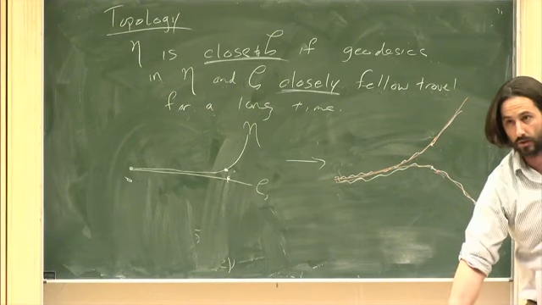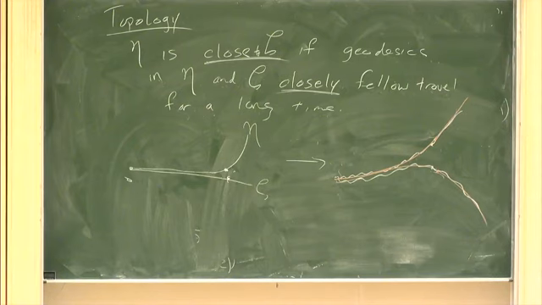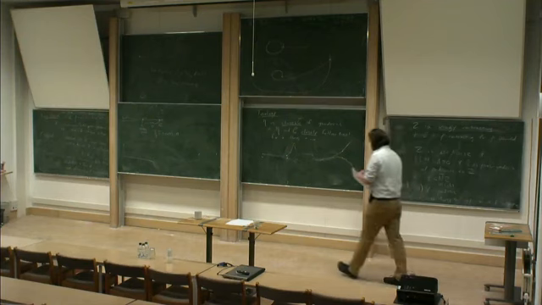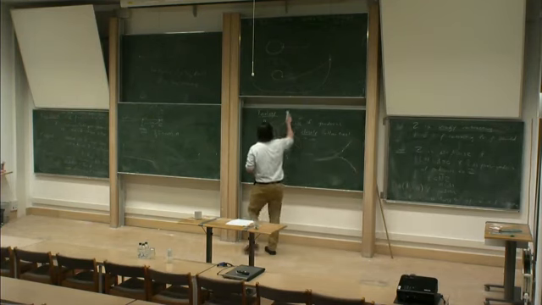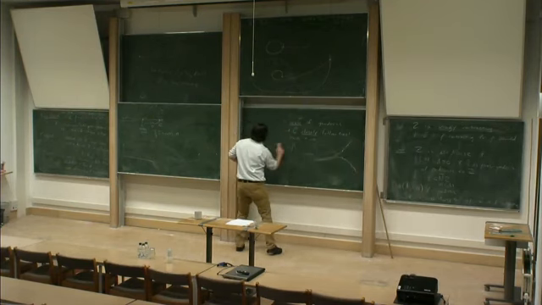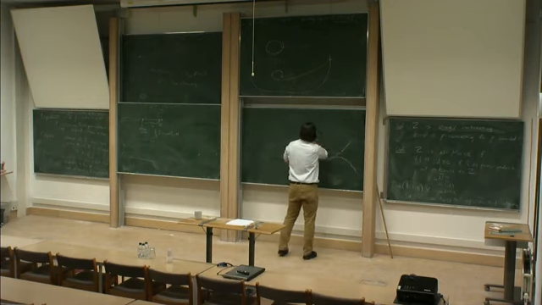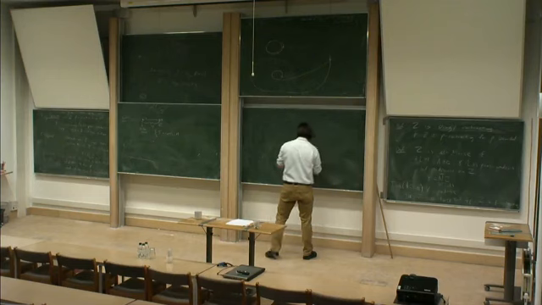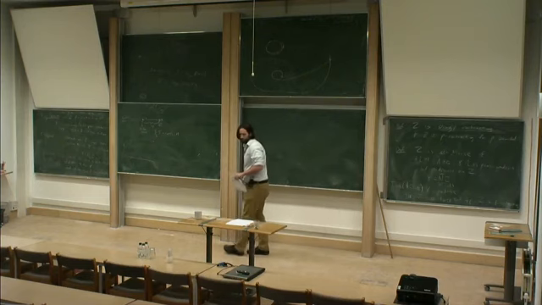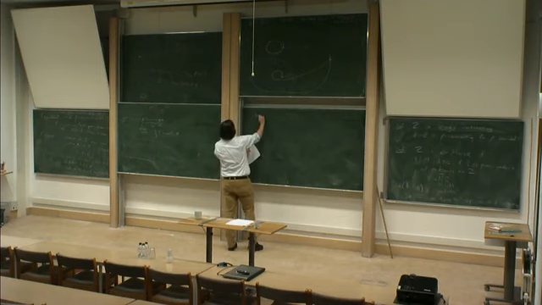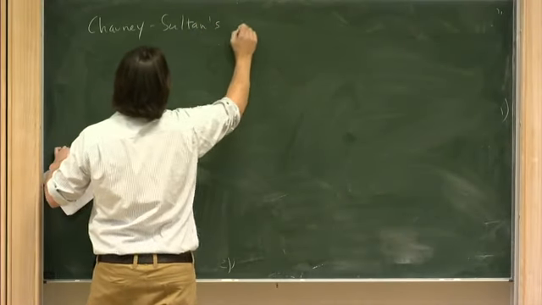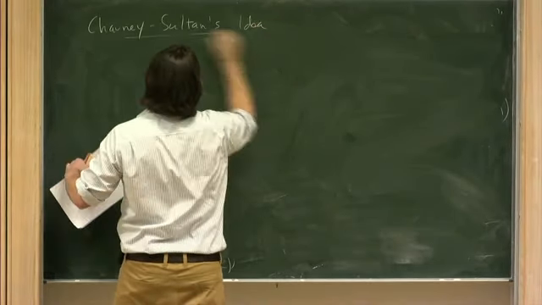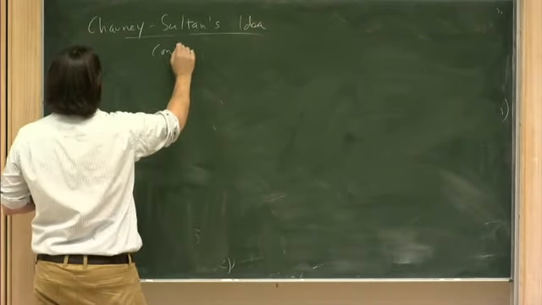And that's why you lost control of how closely the quasi-geodesic has to track the geodesic. So what Charney and Sultan said is, let's not allow that. They said just control the contraction constants.